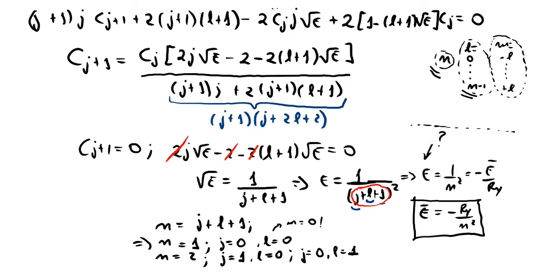Then I could have L equal to 0 or 1 or 2, and they will all give me the same energy. So this is this threefold degeneracy and the twofold degeneracy for n equal to 2 and so on. These degeneracies occur only for the Coulomb interaction. If you solve the problem the way I solve it here for the Coulomb interaction, then you get that.